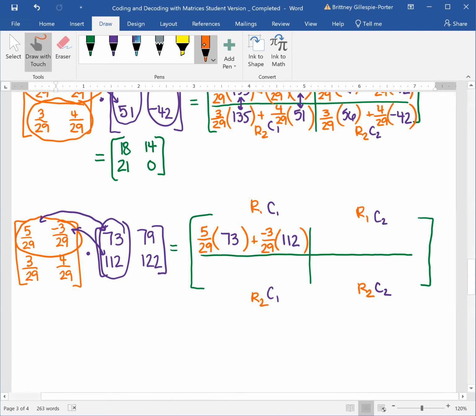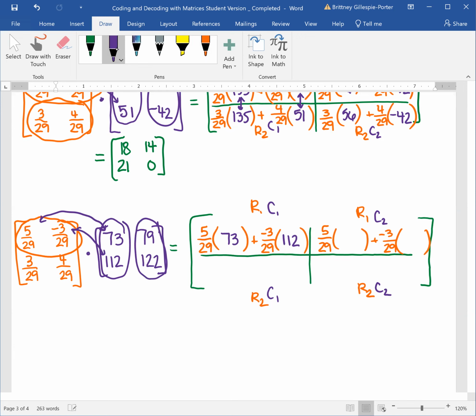With row 1, column 2, we're still going to reuse our orange numbers since we're in row 1, remembering that we have the plus in between the multiplications. But this time with column 2, we're going to have 79 and 122.